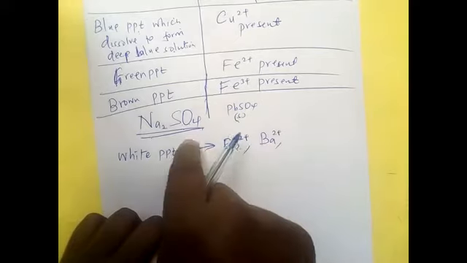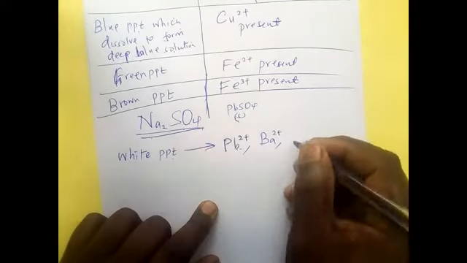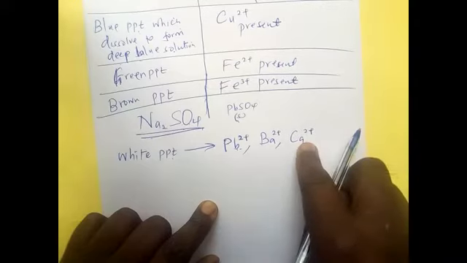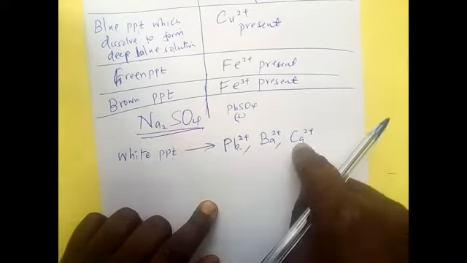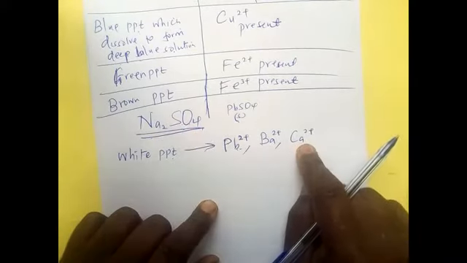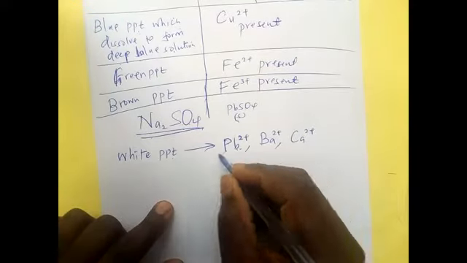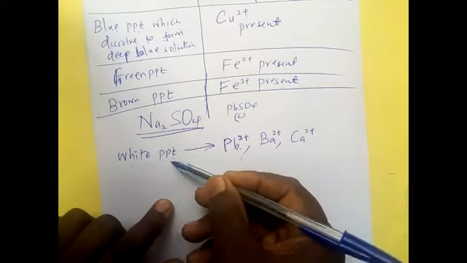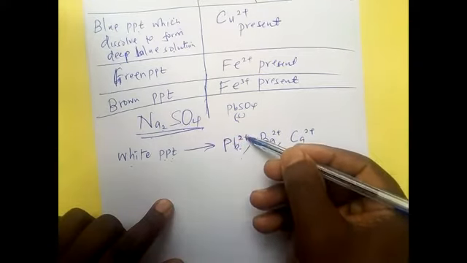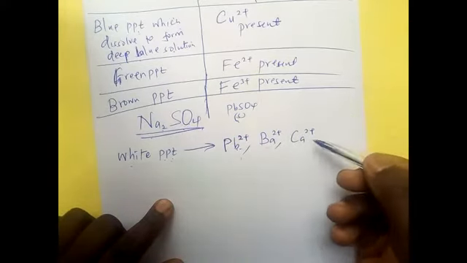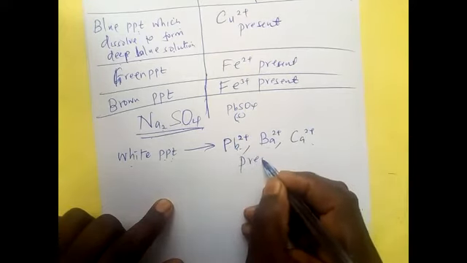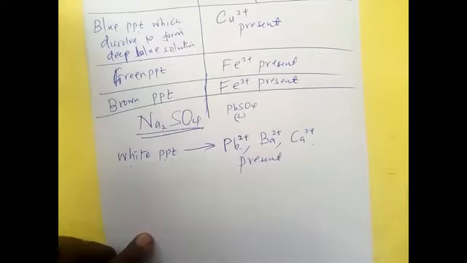Another cation which could be there is calcium. When you add sulfate, it forms calcium sulfate, which is insoluble. Therefore, if you add sodium sulfate and a white precipitate is formed, then lead(II) ions, barium(II) ions, and calcium(II) ions are present. That's what it means.